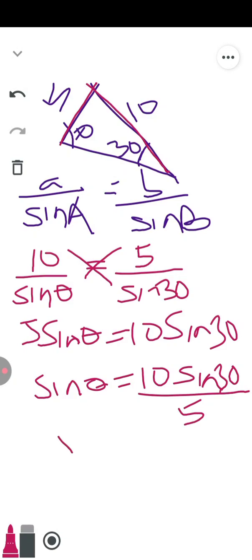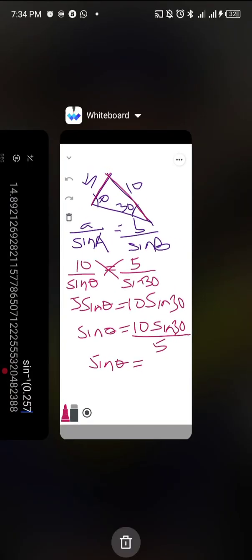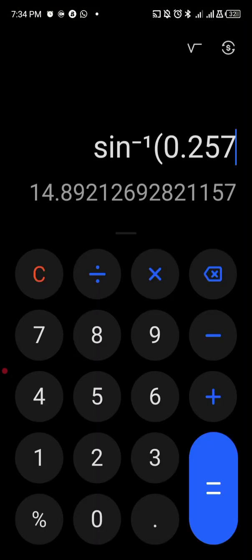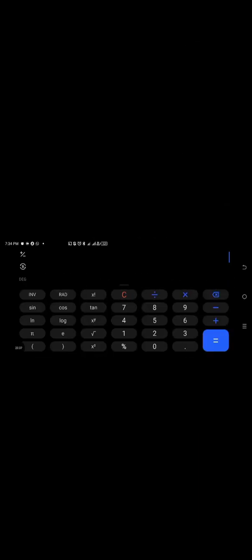So sine theta will be equal to, so what is 10 sine 30 divided by 5? That's equal to 1. So sine theta is equal to 1. Are we together?